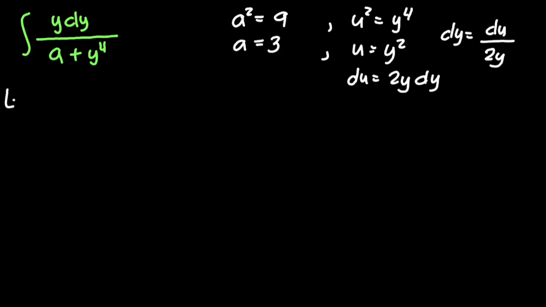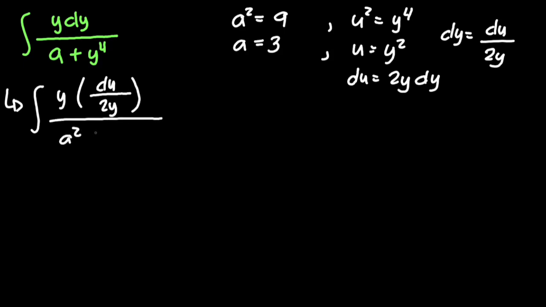So let us assign values here. It would be the integral of y multiplied by dy, which is du over 2y, over 9, here a squared, plus y raised to the power of 4, here u squared.